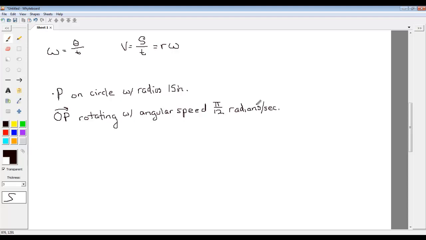All right, a couple things we can do. First of all, let's find the angle generated by P in 10 seconds.